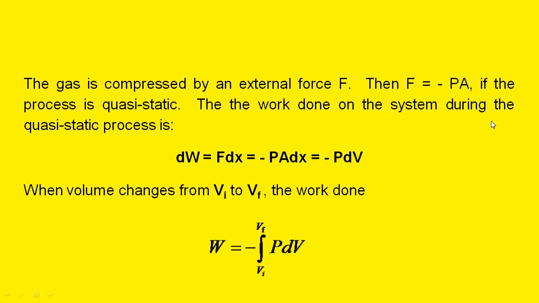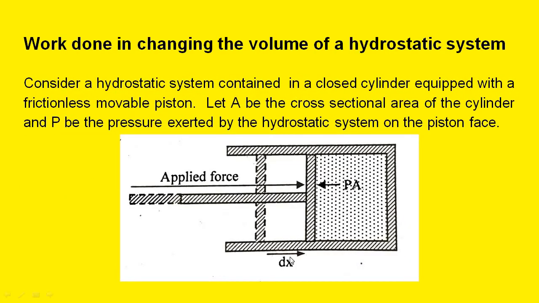The work done on the system during the quasi-static process, dW, equals force into displacement. And the force you write as minus PA into dx. Here, A is the area and dx is the length, so A into dx is the volume of this portion.